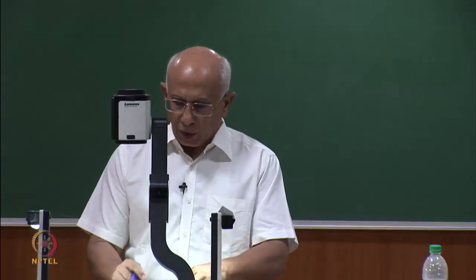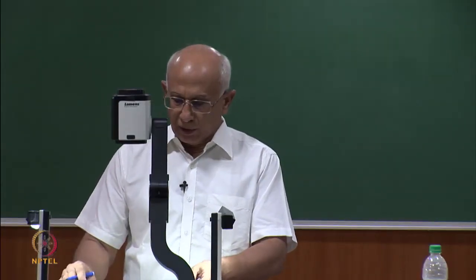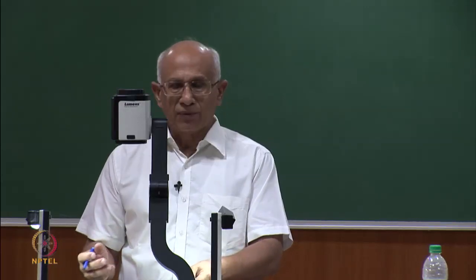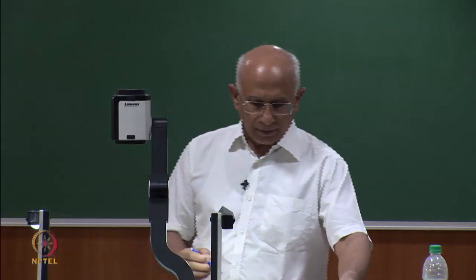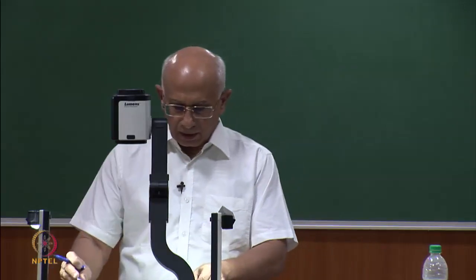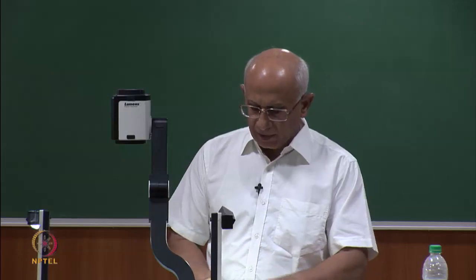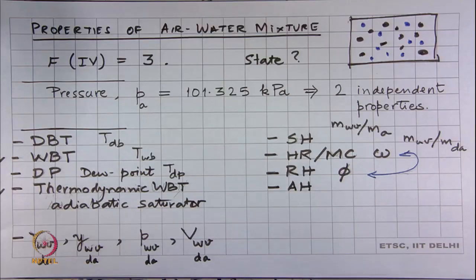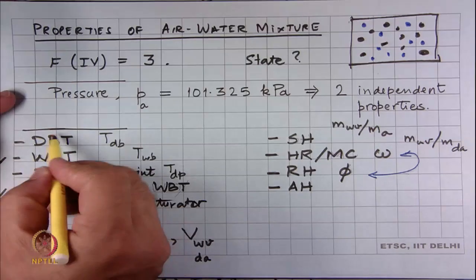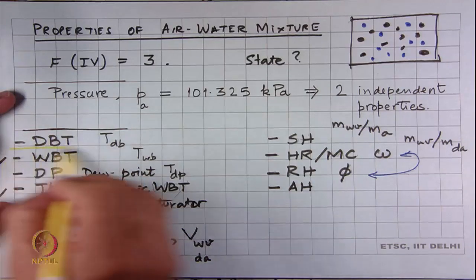Okay. So, what are the combinations of properties that we will use which make life easy? What has been done is that the first property chosen is something which is easily measurable and which can very quickly make sense, and that is the dBT.